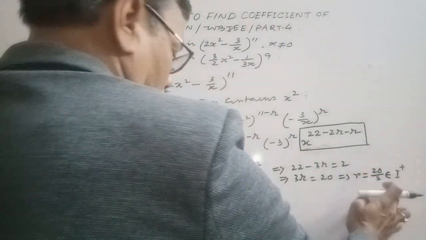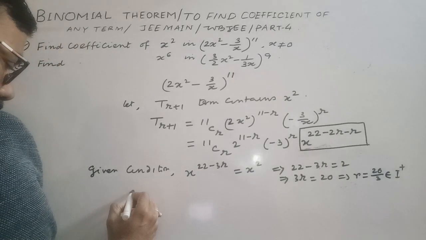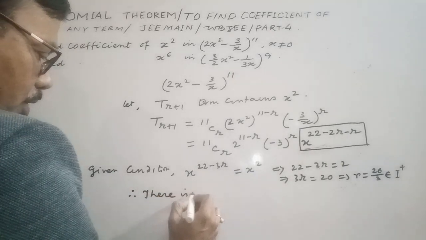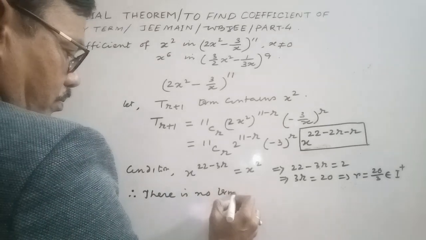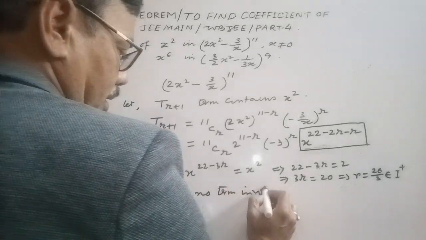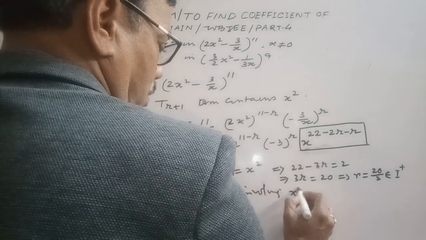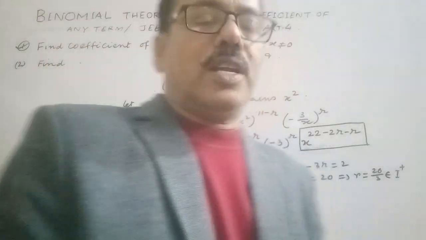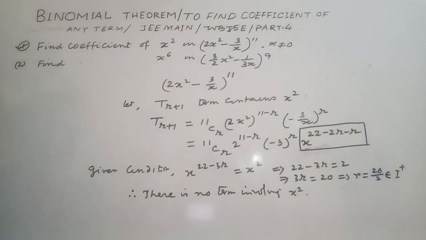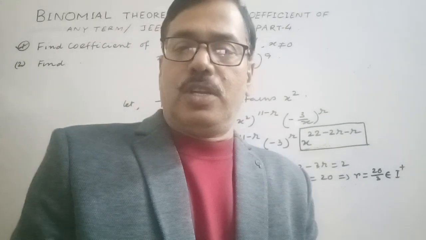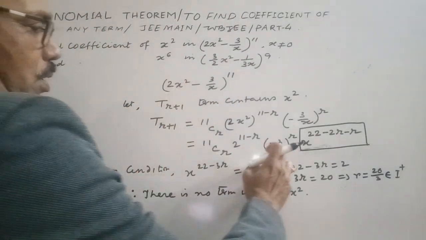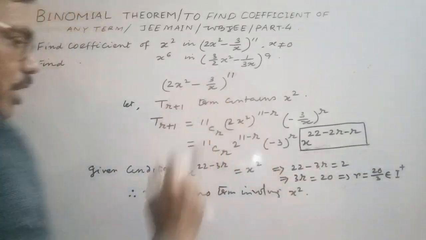What will be our conclusion? There is no term involving x to the power 2. If r is integer, we can say that there is a term having coefficient of x square. So, listen again, you find T(r plus 1), simplify, and equate to x square.